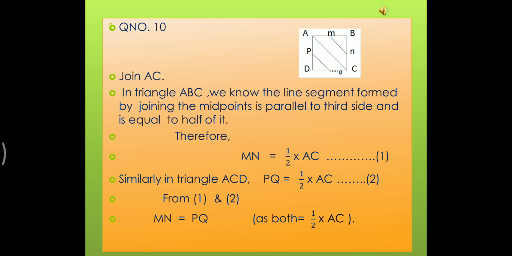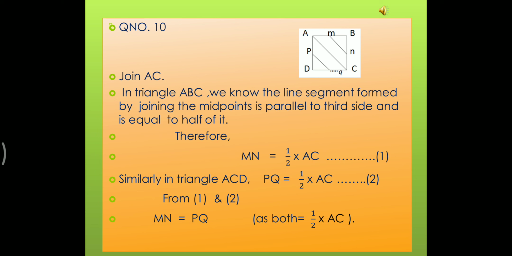Similarly, after focusing on triangle ACD, we find that P is the midpoint of AD side, Q is the midpoint of CD side, and AC is also the third side of this triangle. So again, PQ is equal to 1/2 of AC. We will mark it as the second equation.